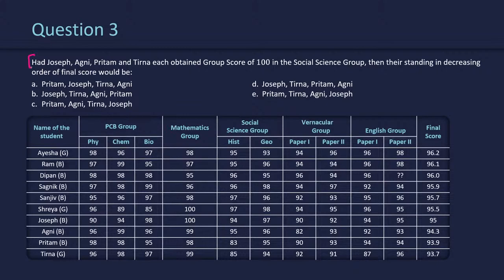Okay, let's read. Joseph, Agni, Preetham and Tina, right? These four people, suppose their social science group score becomes 100. 100 means each one gets 100.